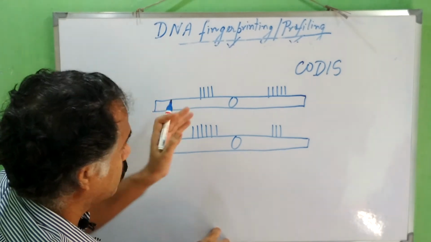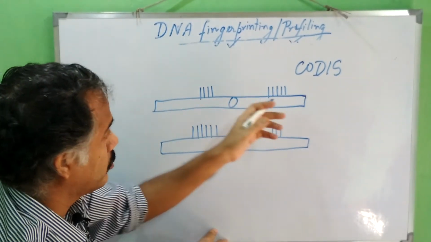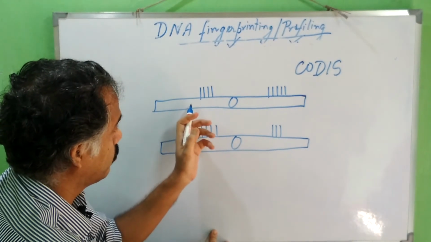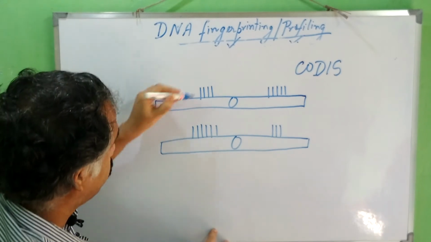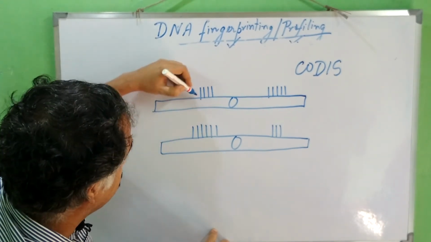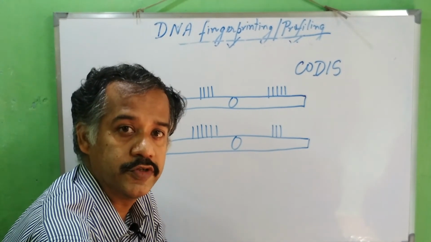Now, in the original DNA fingerprinting involving Southern, there will be restriction digestions. You don't do that anymore in DNA profiling, because they know that while the number of repeats, the number of microsatellites, is varying, the flanking regions are constant for individuals.